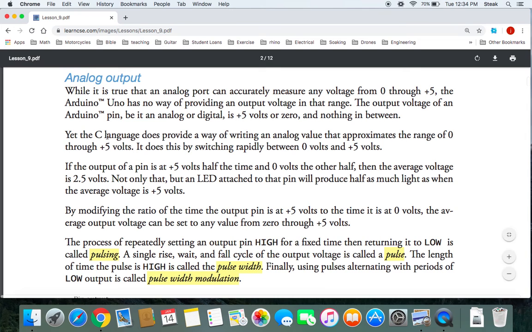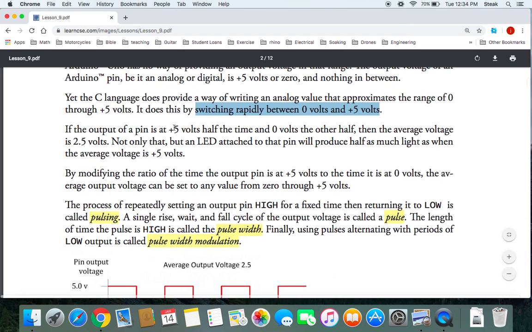But the C language does provide a way of writing analog values that approximate the range of 0 through plus 5 volts, and it does that by switching rapidly between 0 and plus 5 volts. So if it switches rapidly between, then it can average out to something in between 0 and 5. That's what this says here.